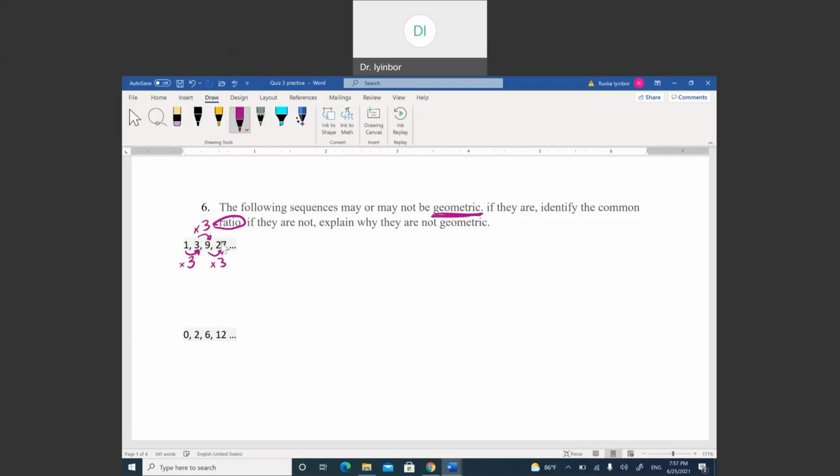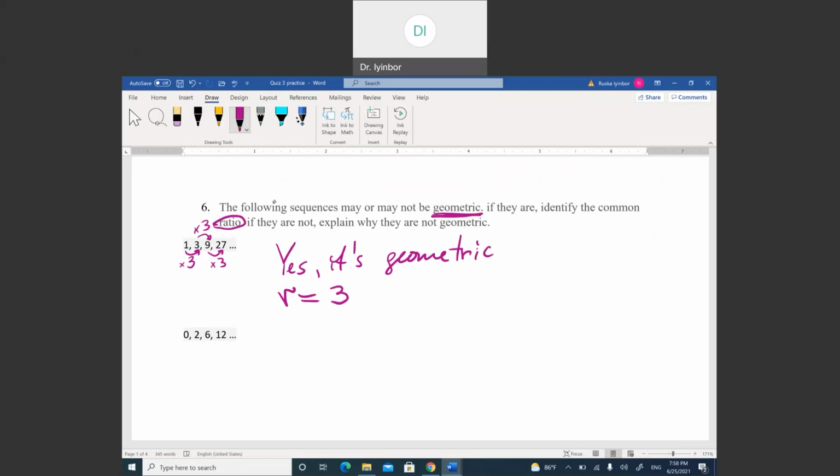So obviously this is yes, it's geometric. And what is the common ratio? We're using the letter R. It's going to be the number 3. You're multiplying each number by 3. Okay, so that's number 6, the first one.